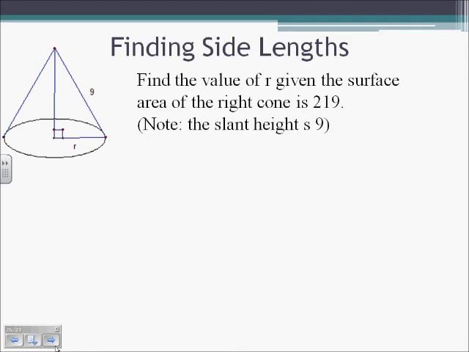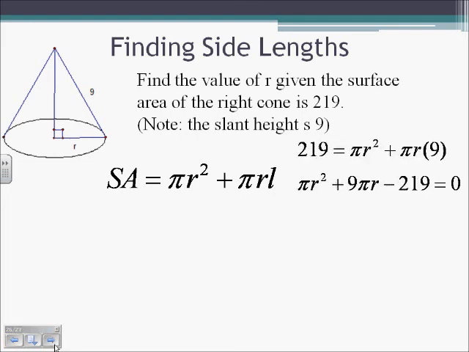Again, we can do the same thing when we have a cone. Here we're finding the value of r given the surface area of the right cone is 219. They also tell us the slant height is 9. So the surface area of a cone we know is pi r squared plus pi r times our slant height.